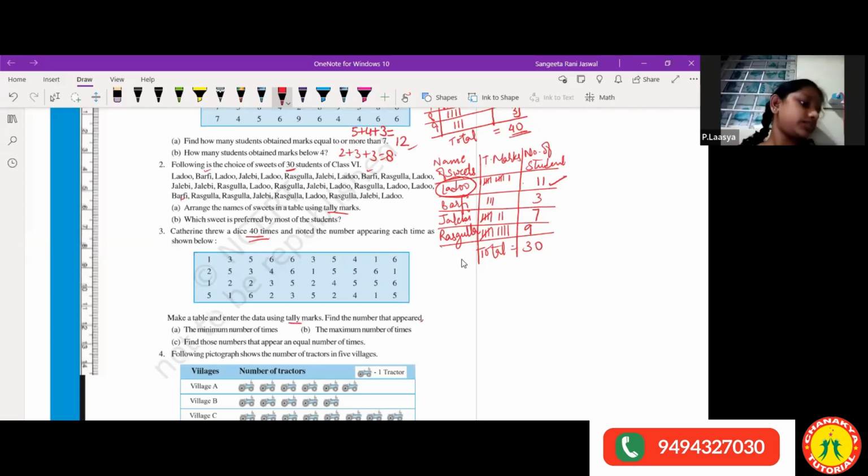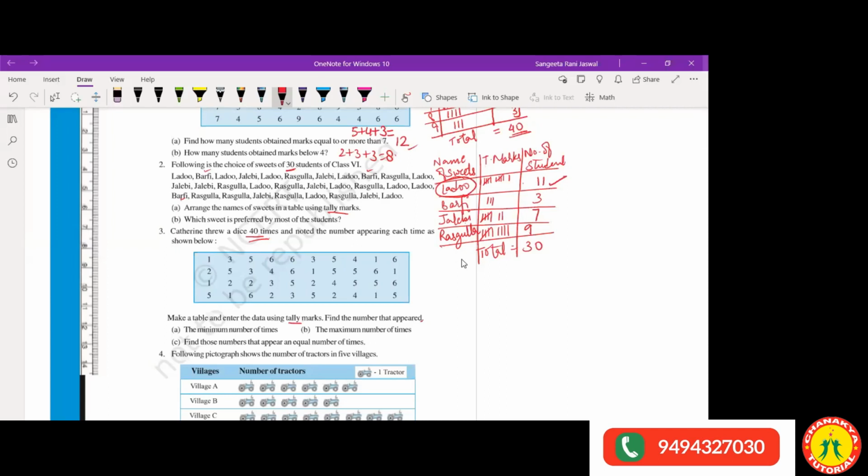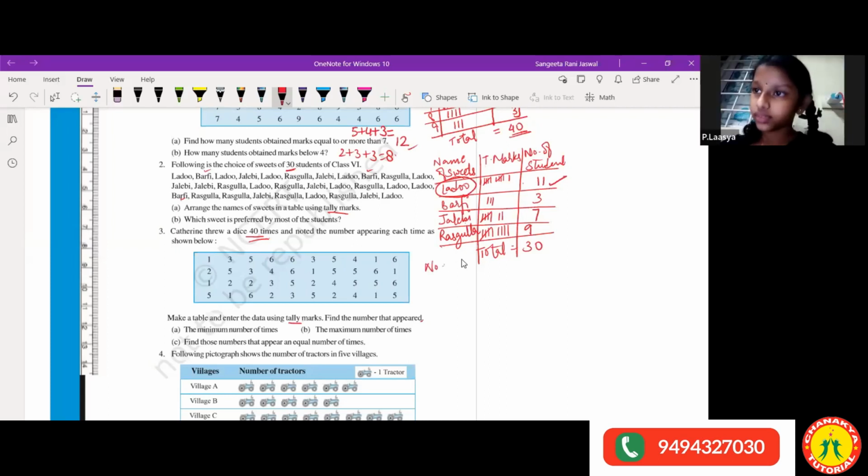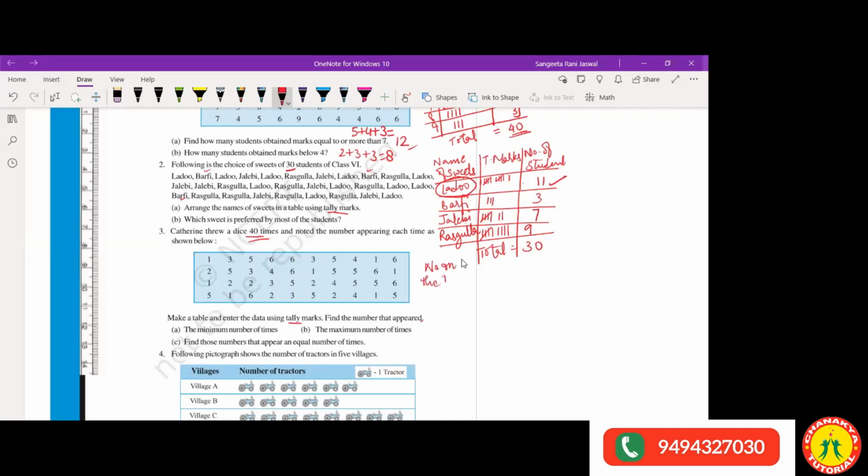So first you will write the range of the dice, that means the number appearing on the dice. Then you have your tally marks.